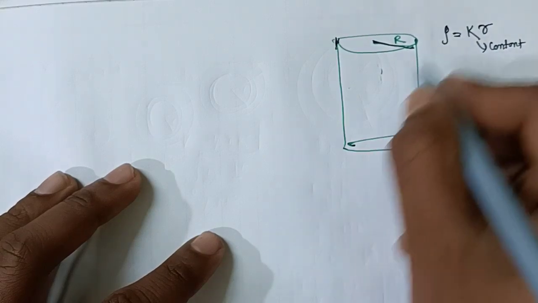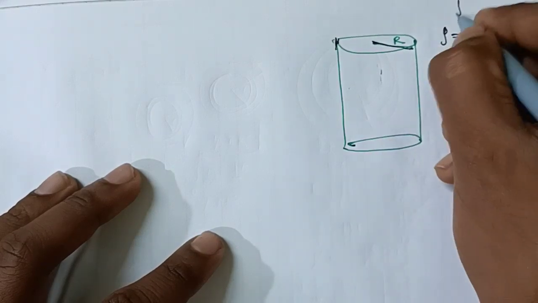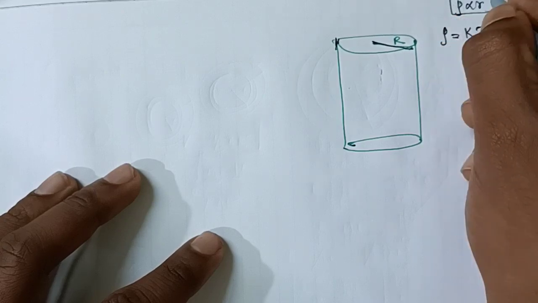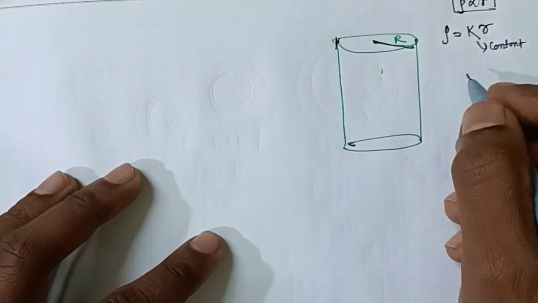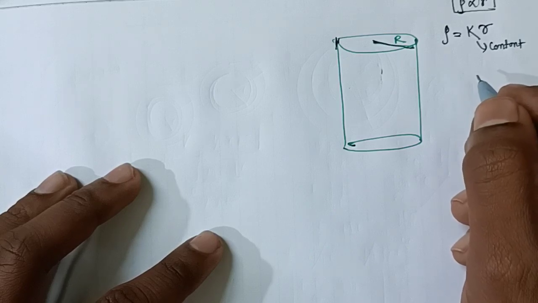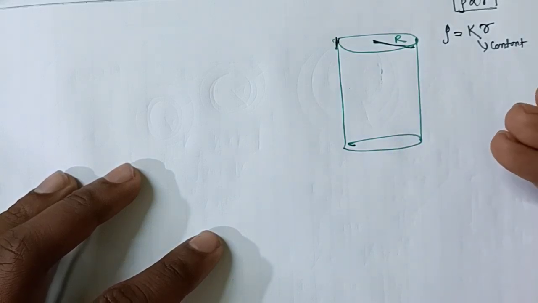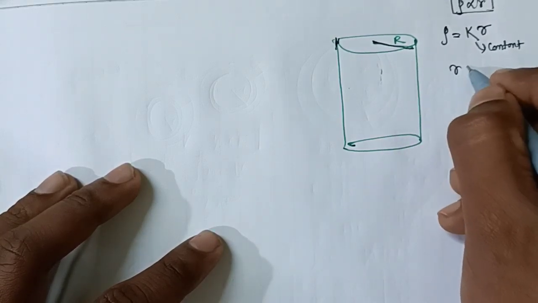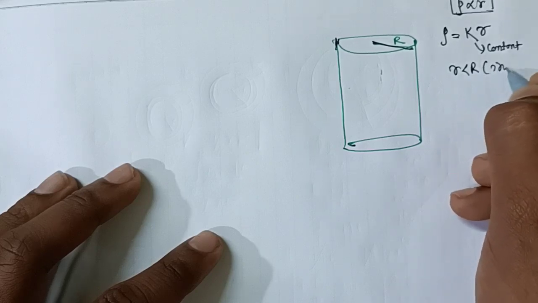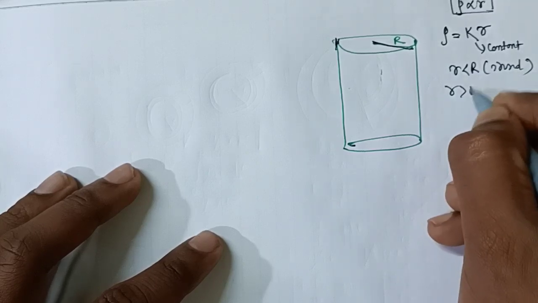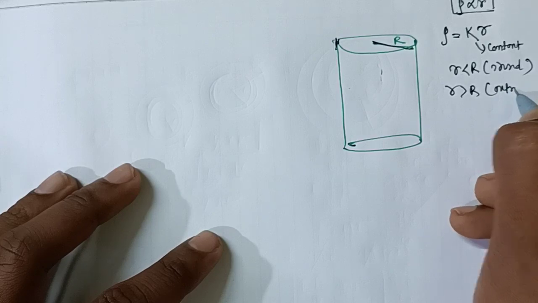It means rho is directly proportional to r. The question asks to find the electric field in all the regions, meaning inside and outside regions: r less than R, the inside region, and r greater than R, which is the outside region.